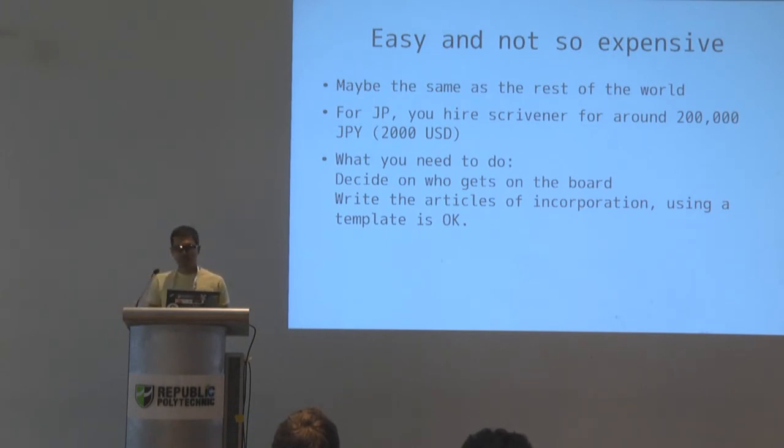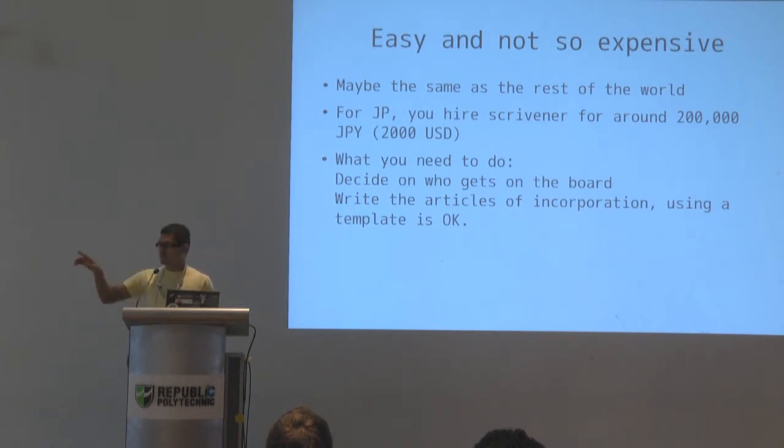For an NGO, it's a no-no to say that we're going to make money. For PyCon JP especially, we have said in the articles of incorporation that any excess cash will be contributed back, in order of importance, to anything related to Python, and then maybe, I'm not sure if it's there, to open source.